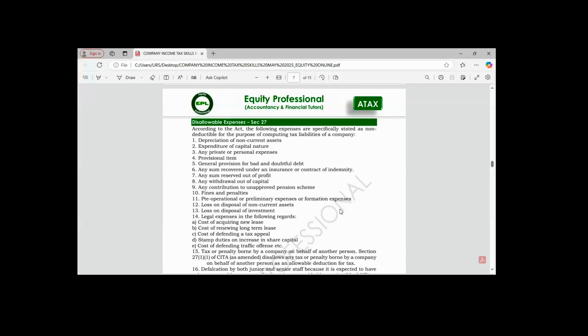When you want to incorporate a company, you are going to need the service of some professionals. Those professionals, you are going to pay them for the incorporation process. So the total money you incur to incorporate that company is called preliminary, pre-operational or formation expenses. That expense is not an allowable expense.